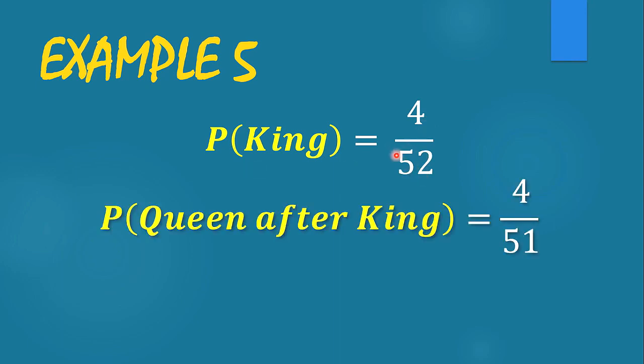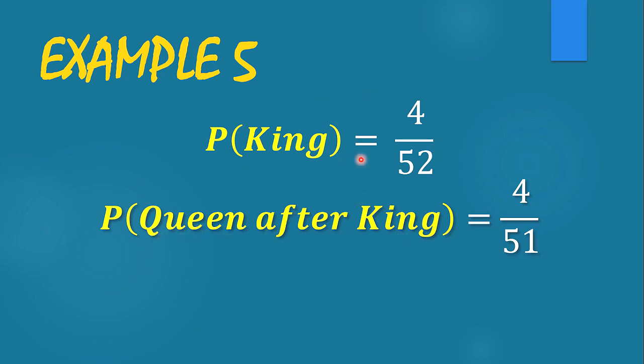That 4 over 52 can still be simplified as 1 over 13. And then after taking a king without replacement, the total number of cards in a deck becomes 51. And then we'll take the probability of having a queen after a king.